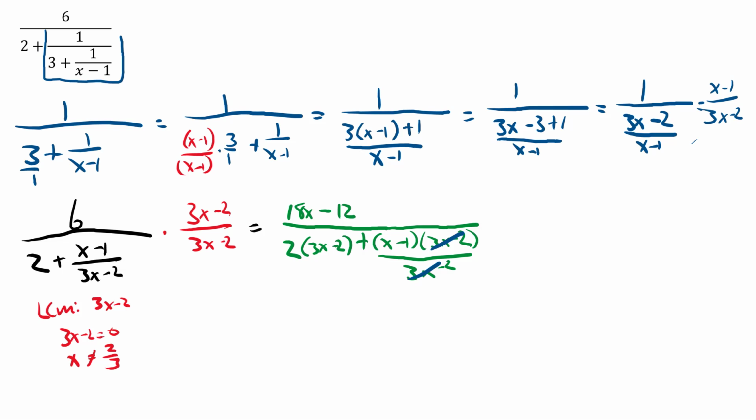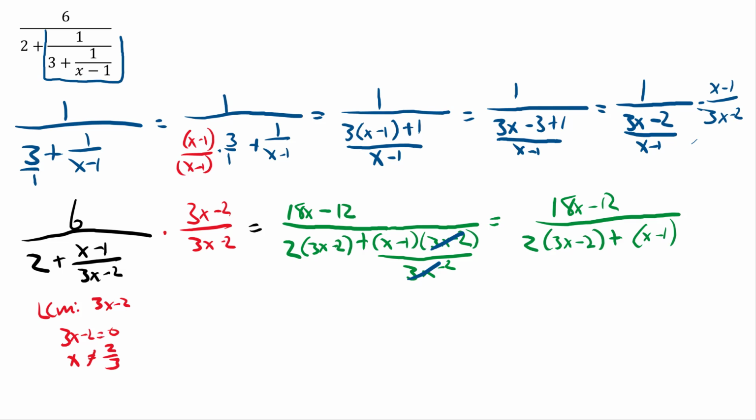So now let's distribute and combine like terms. On top, we still have 18x minus 12. And on the bottom, I have 2 times 3x minus 2 plus x minus 1.